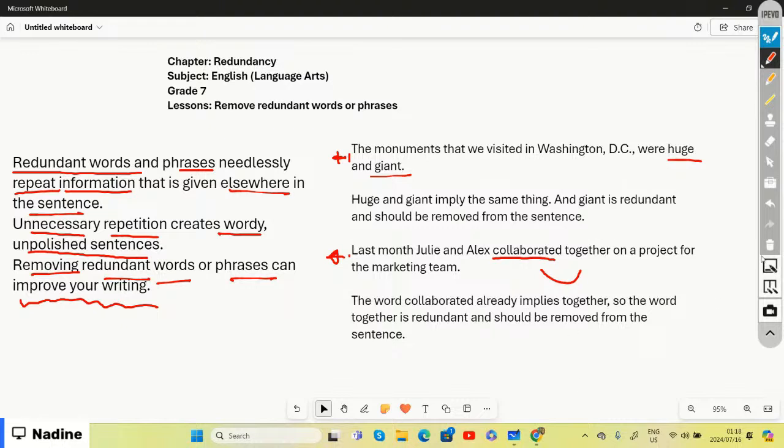Since the word collaborate already implies that they're together, right, the word together is redundant and should be removed from the sentence.